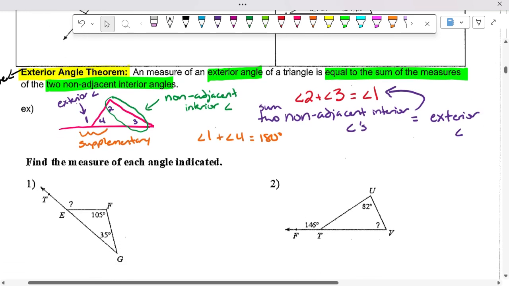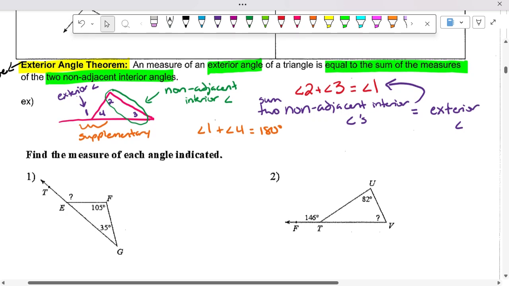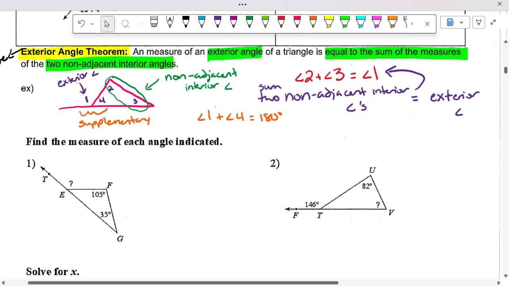All right, let's do some examples. So look at number 1. They're having us find the exterior angle. Now, did they give us the two interior angles that are not adjacent to the exterior angle? Yes or no? Yeah, they did.